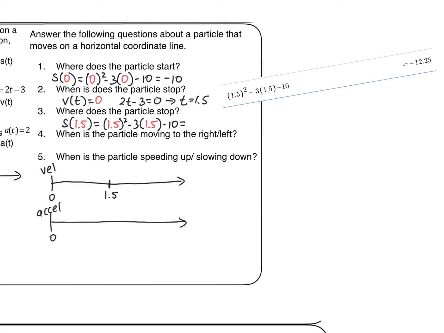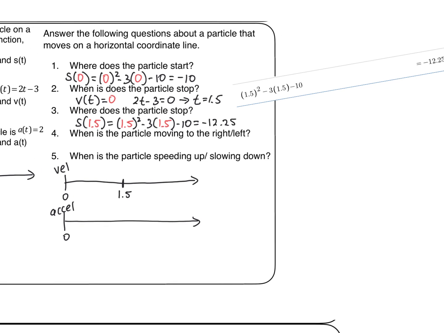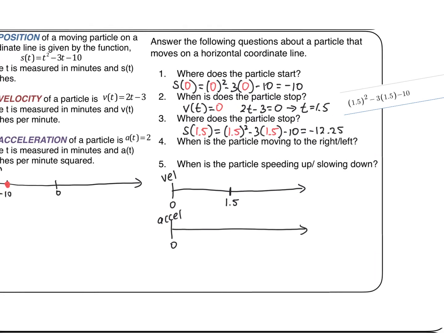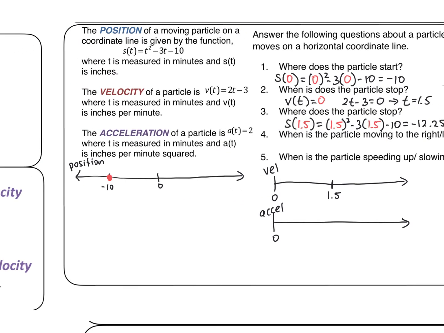I'm just punching it into Desmos, a quality of life thing, and you can punch it into your graphing calculator just the same. It's no big deal. Okay, so how do we interpret that? It looks like its first move is that the particle is going to go over here to -12.25, and it is going to be at rest here.